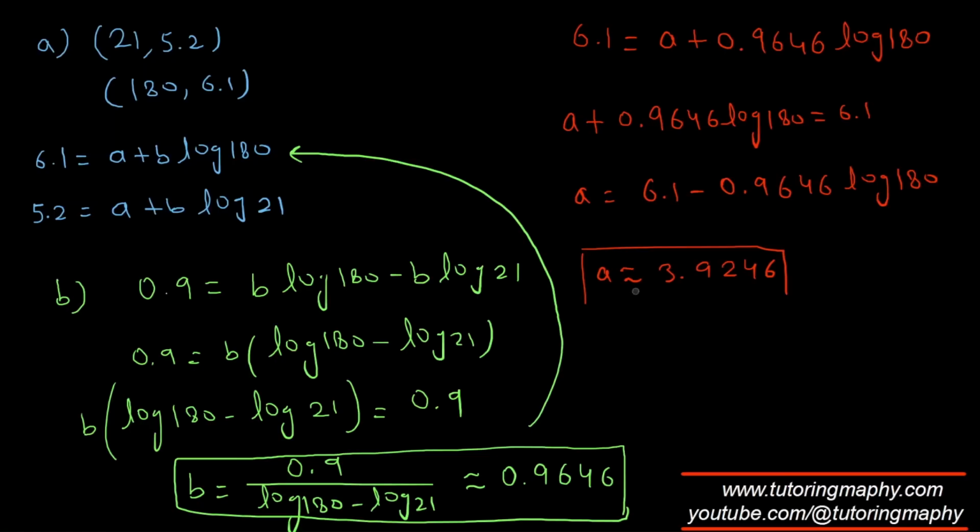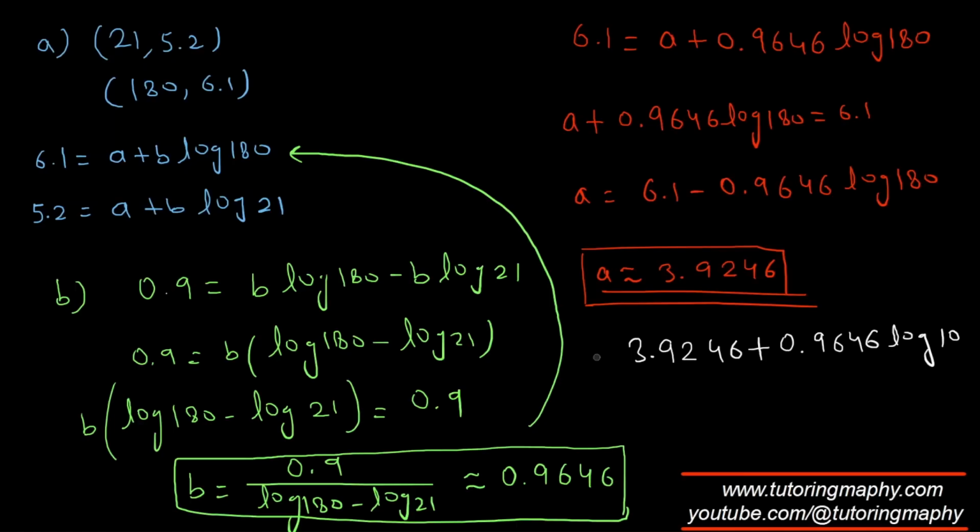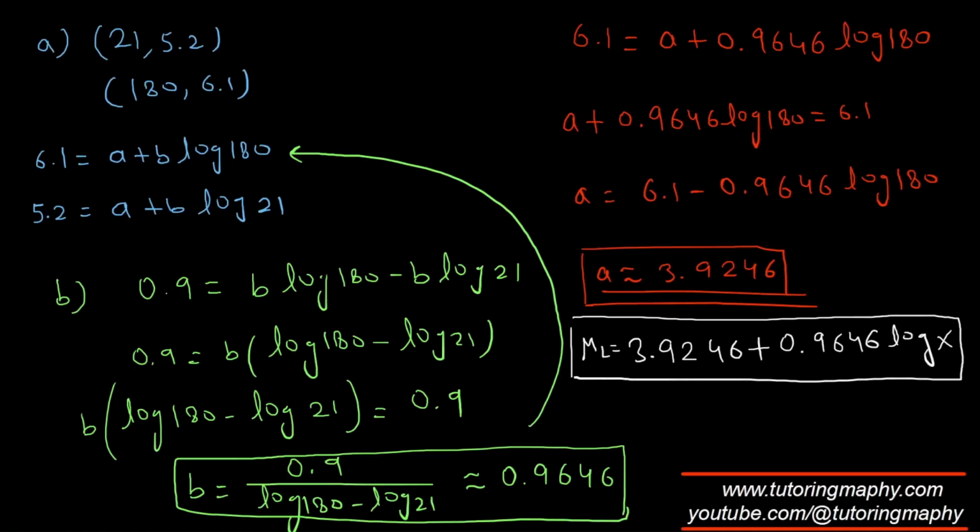That is the value of a that we have here. So the model that we have is a, which is 3.9246 plus b, which is 0.9646 log of x. Base is 10, of course. This is the value of the magnitude of the earthquake.